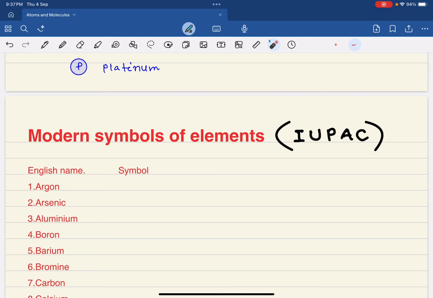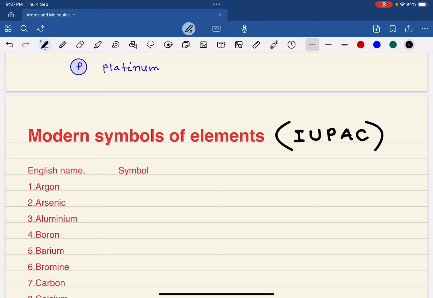The first letter and second letter of the English term are used. Sometimes in case of identical first letters, a capital letter and a small letter are used, and this international committee, IUPAC, approves the names of the different elements.